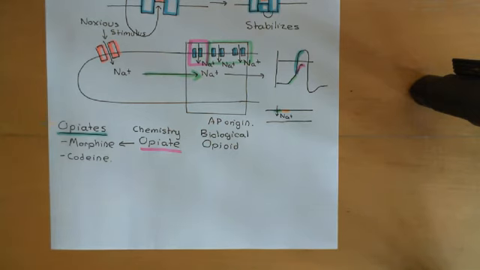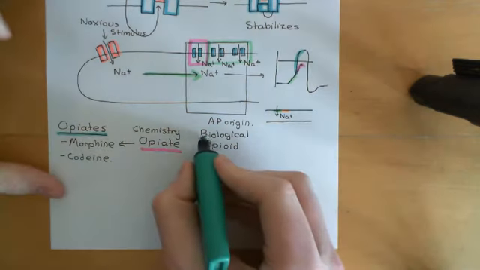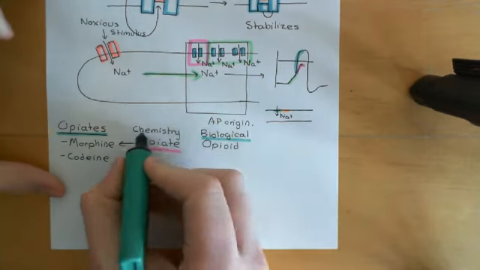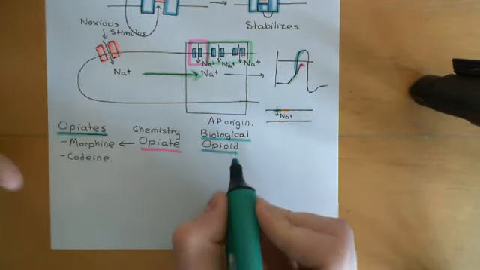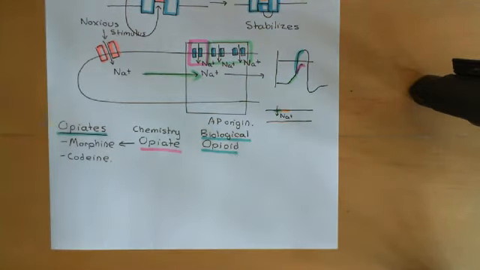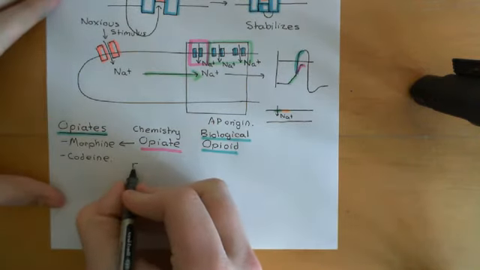Now, there are a number of endogenous opioids, i.e. molecules that are found within the body which do a similar thing to morphine. I want to talk about the different classes of endogenous opioids, and then we'll discuss stress-induced analgesia and which endogenous opioids are involved in producing this effect.